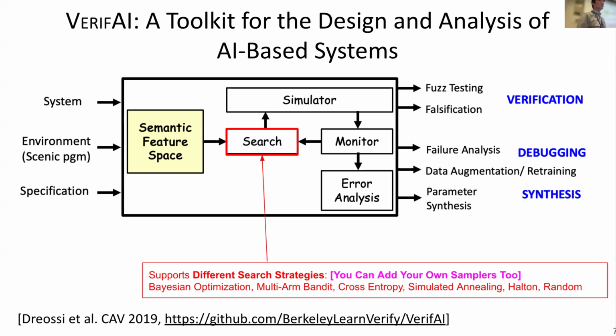What you were just describing can be expressed in metric temporal logic, like Eddie mentioned. If you're using a Scenic program, for example, you can record various signals of interest from the Scenic program.